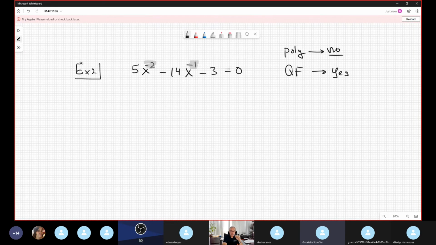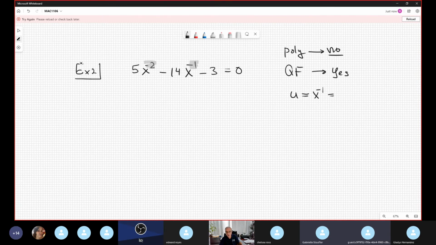This is quadratic in form, and it is the kind of equation students remember very well, because you solve it using u substitution. The u substitution is always the exponent whose actual value is smaller. Between -2 and -1, I know -2 is less than -1, but I focus on the actual value, so it's -1.